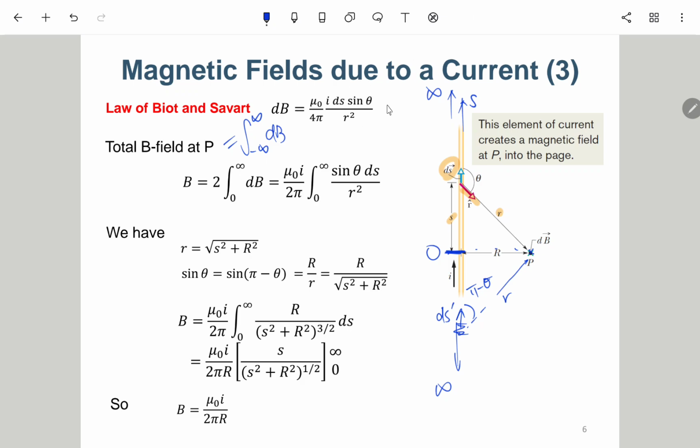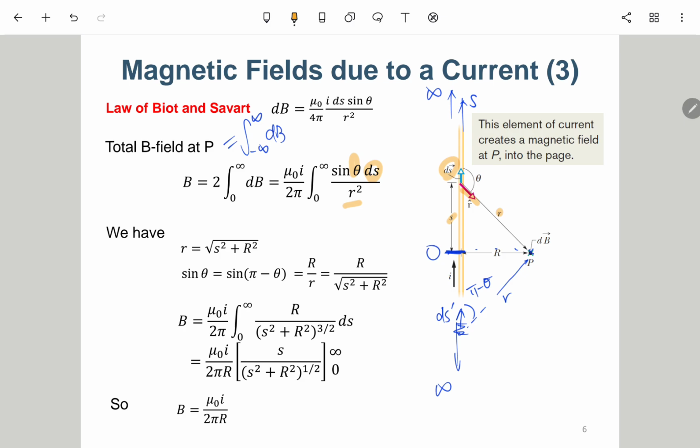Here we plug this into here. So the 2 and 4 partly cancel, becoming 2 pi. Mu 0 I is a constant, and then ds sine theta goes inside, and then r squared goes inside. Here the dummy variable for the integration is ds, but this is r squared, so we cannot directly integrate, and we also have this theta.